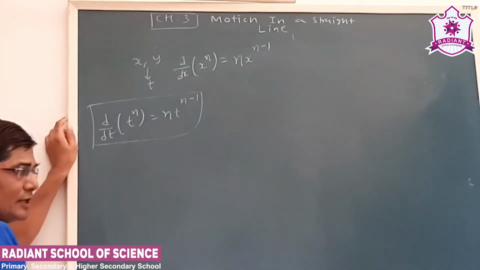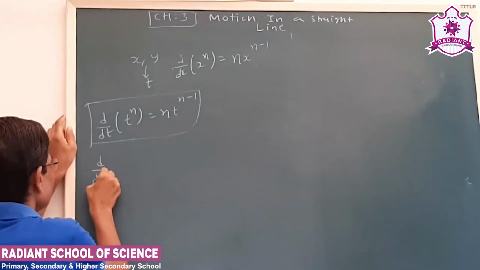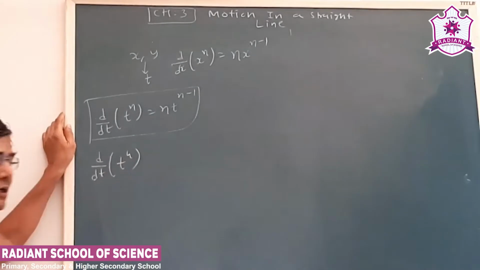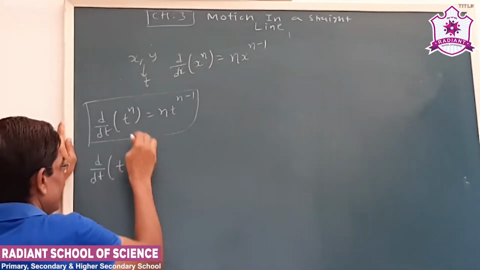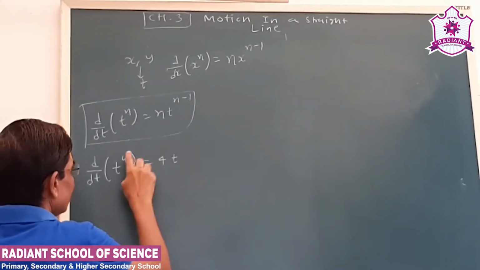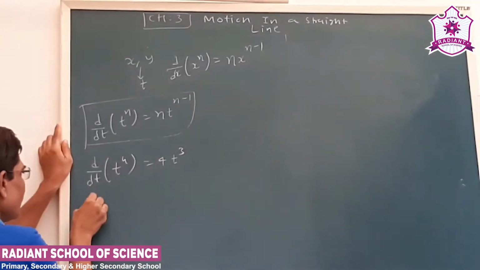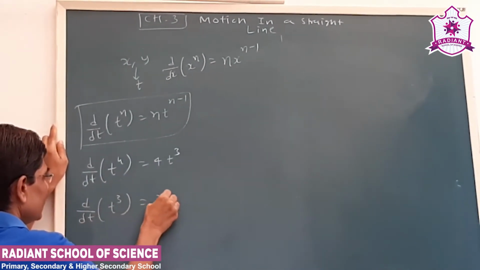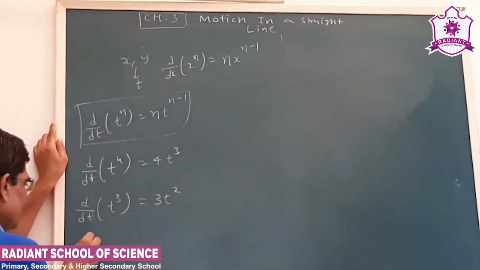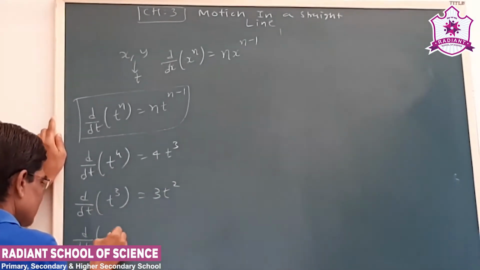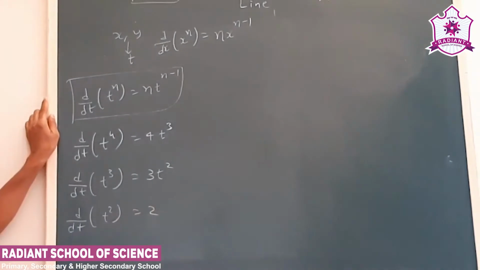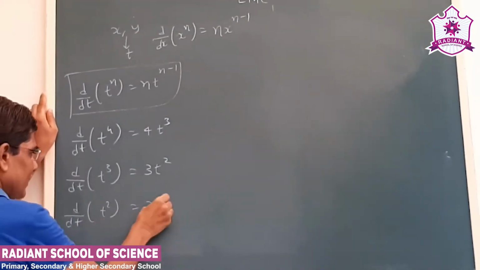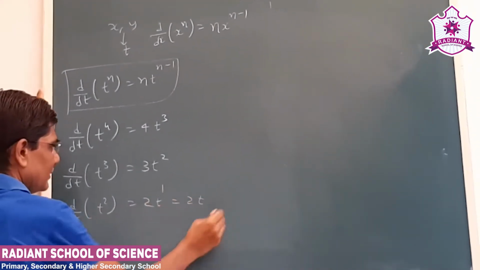Suppose we have t raised to 4. The value of n here is 4, so 4 minus 1 is 3. So d by dt of t cube is 3t squared. d by dt of t squared is 2t, since the power of t is decreased by 1.